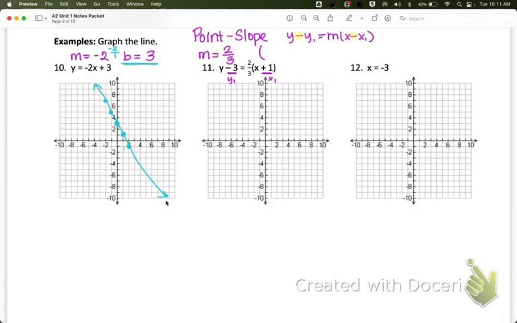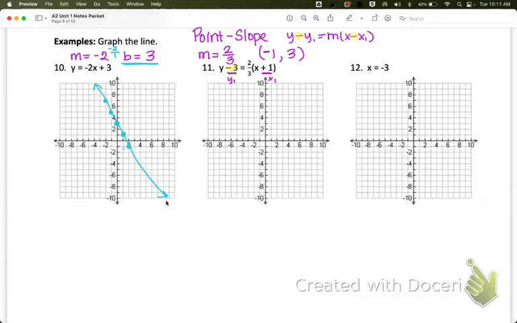Anytime you have a minus in front of a variable, that means it's the opposite of the sign that you have. So if I look at this y1, I see a -3, but I want the opposite of that, so my y value is going to be +3. For my x1, I see a +1, but I want the opposite of that, so it's going to be -1. So that's the information I need. I have a point, -1, 3, and I have a slope.